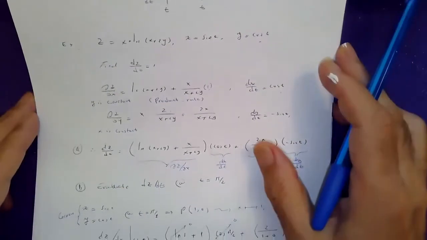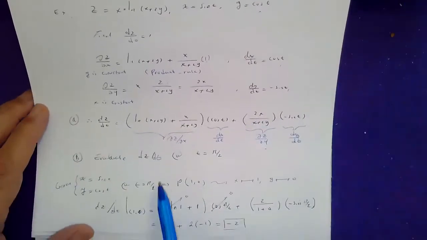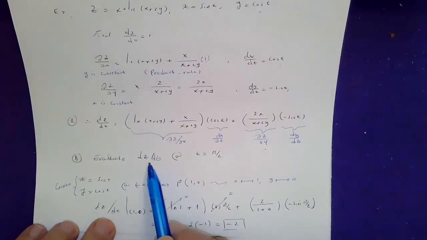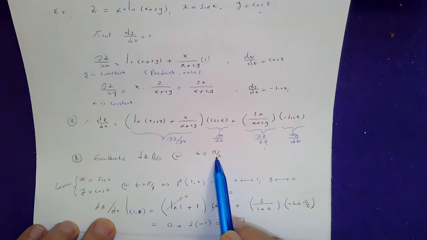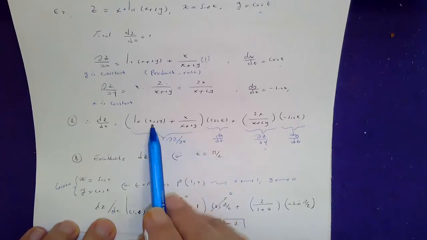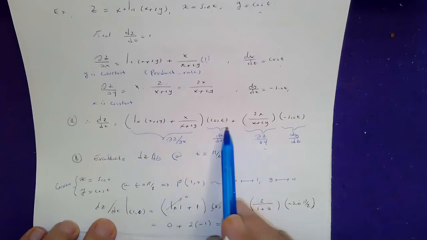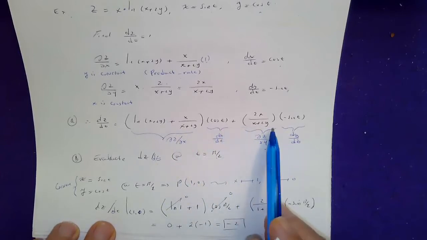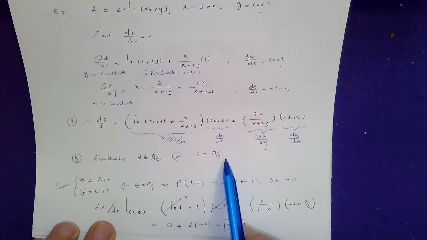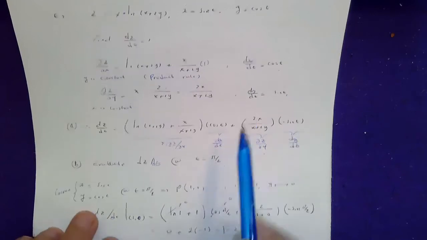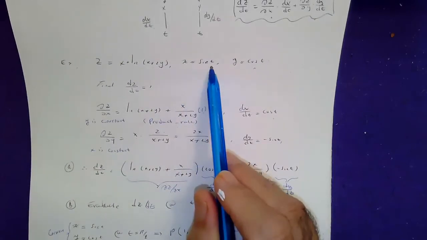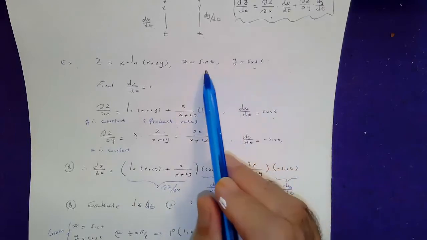Sometimes they want you to evaluate these derivatives. For instance, what would be the value of dz/dt at t equal to pi over 2? Well, I don't have any t's in my answer, so I need the corresponding x and y values for t equal to pi over 2. That's okay. Remember, x was sine of t, y was cosine of t. Replace the t's with pi over 2.